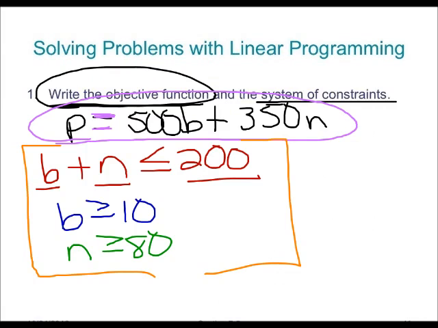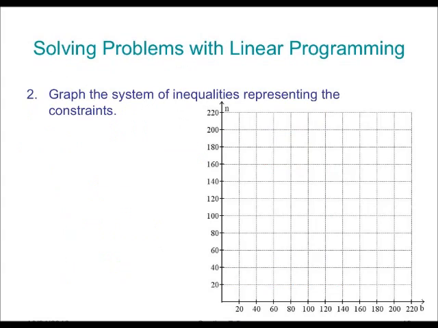So we have to graph the inequalities. So I have b plus n is less than or equal to 200. It's in standard form. So I'm going to do my intercepts.